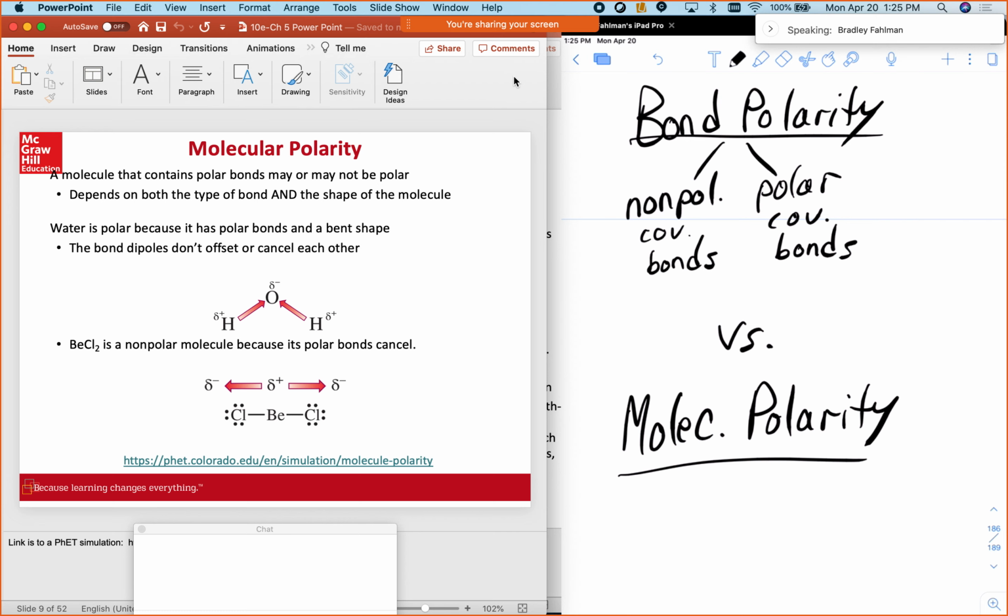Molecular polarity depends on the types of bonds as well as the shape of the molecule. This is our capstone experience for this class, where we use what we've talked about these last few weeks, Lewis structures and finding the shape of the molecule, and relate that to whether the molecule is polar or nonpolar.